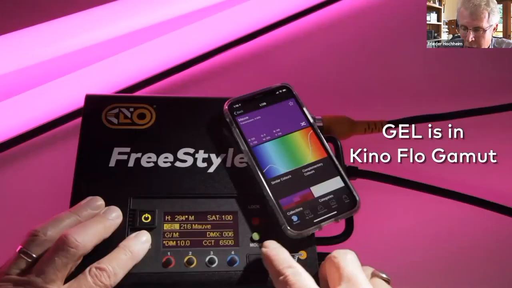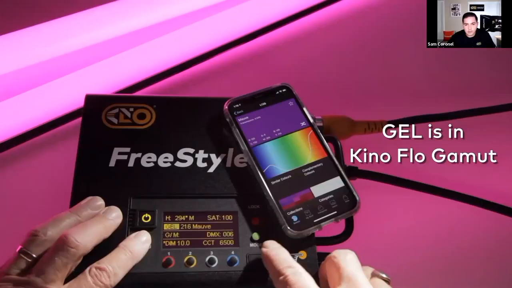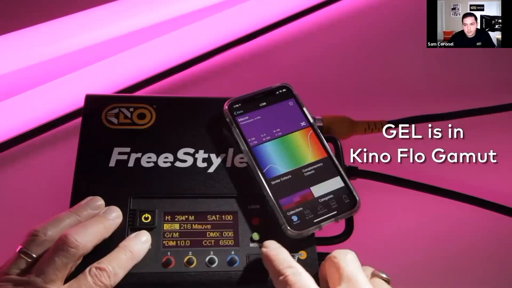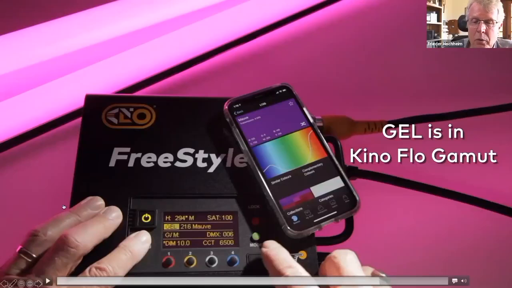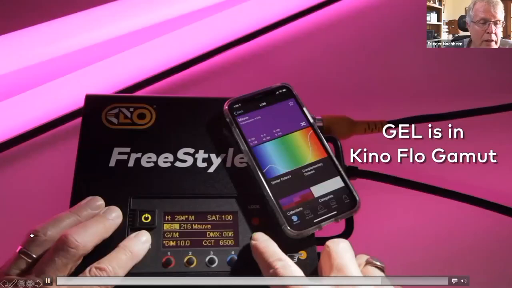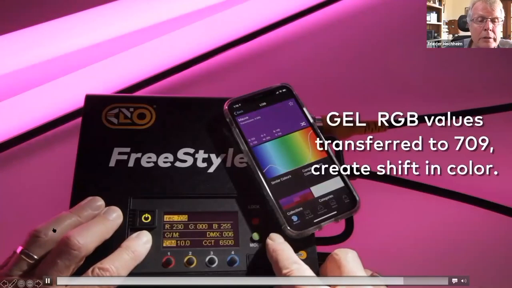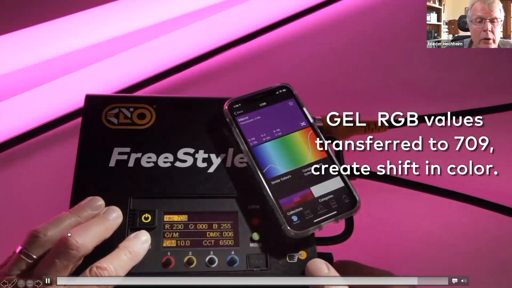And at that point, the only difference between manufacturers will be their choice of LEDs and whether you can actually match it up or not. In some cases, certain saturated colors may not be 100% matchable. So again, there's no fast and easy solution for all of this, but this goes a long way in explaining what is actually going on behind the scenes. So again, we're always displaying that 709.